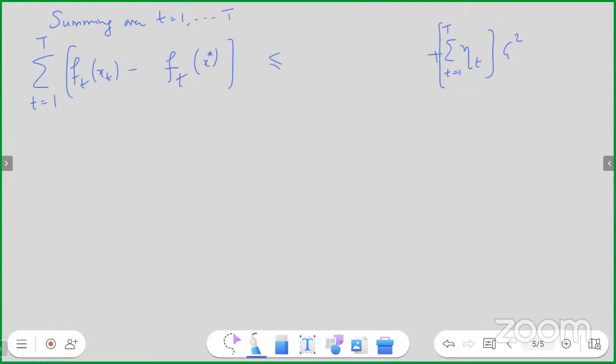And on the second term, what will I get? 1 by eta t. Can you say what exactly it will be? x1 minus x star whole square minus x2 minus x star whole square.